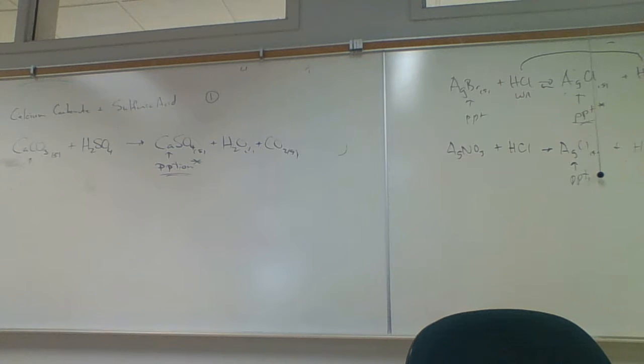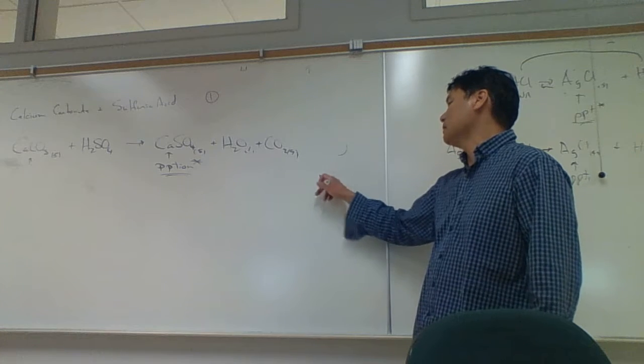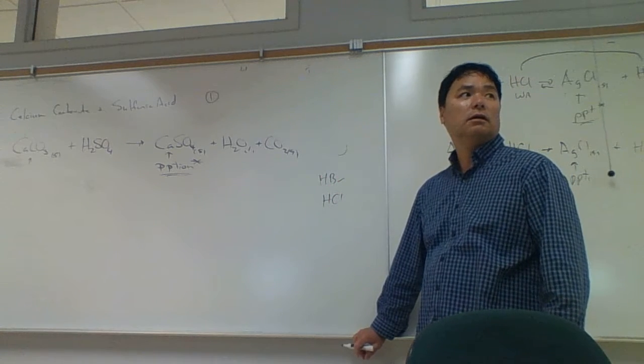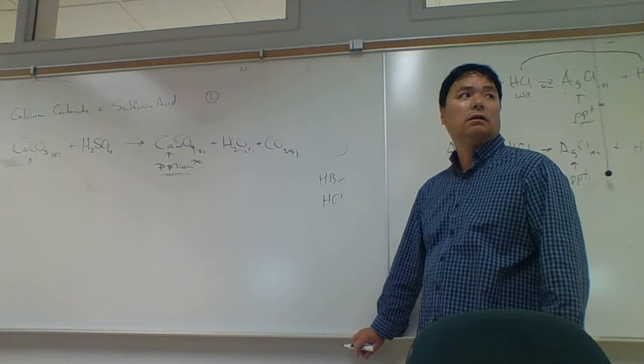I thought hydrochloric was a stronger acid. Is hydrochloric a stronger acid than hydrobromic? That's what I assumed. Well, no, the data conflicts with you. Hydrobromic is stronger than hydrochloric. Do you know why? I don't know.